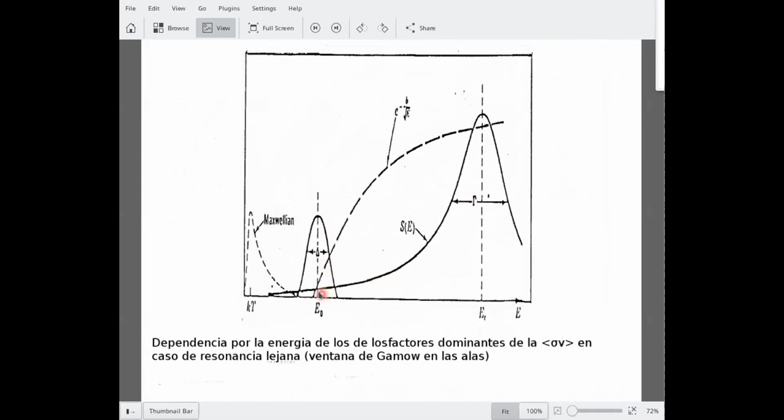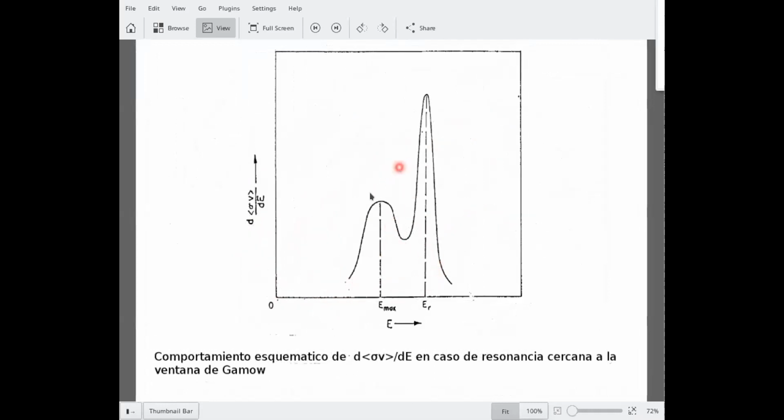If the resonance is far away, it increases the rate not so much, but if it's near enough, the energy of the maximum of the gamma window and the resonant energy being close, you can have a definite increase in the cross section, so in the rate of the nuclear reaction.